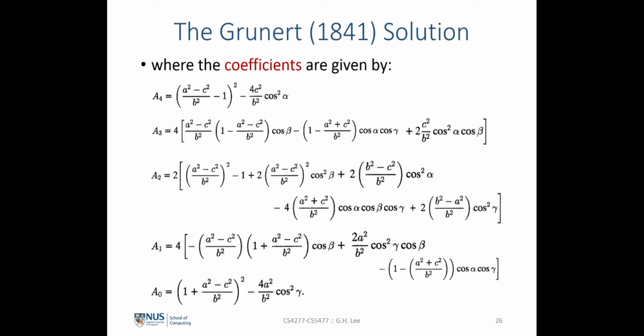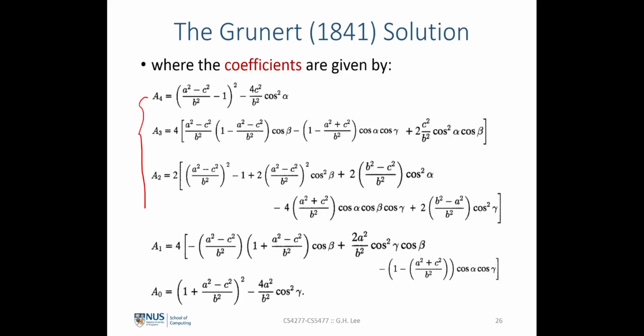The coefficients here, I'm not going to go through the derivation of the coefficients, but if you are interested, you can work this out and verify that these coefficients are all correct. It looks pretty complicated.